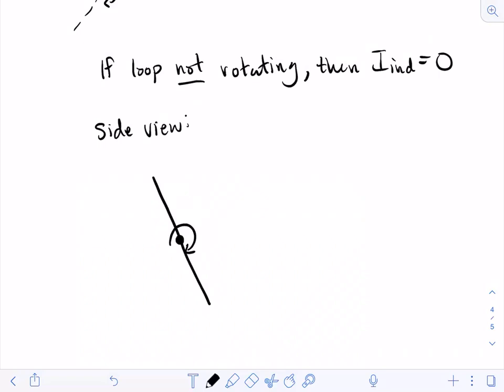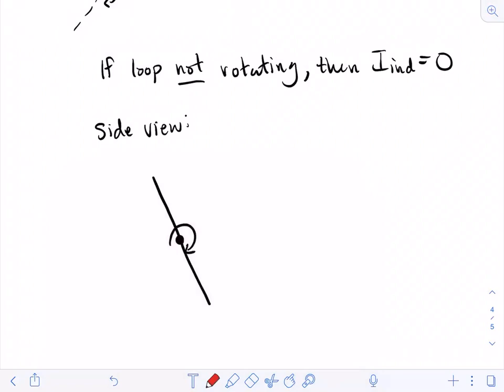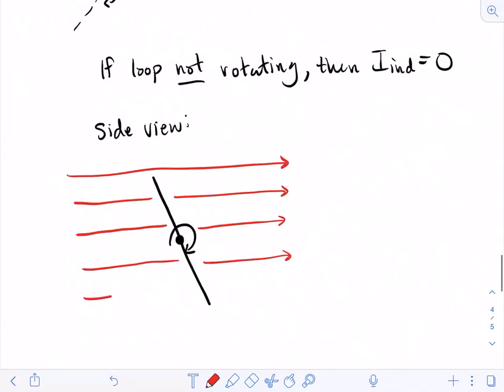Okay, and then we'll draw in our magnetic field lines, and so we've got these magnetic field lines, and I'll try to draw them so that it looks kind of uniform. So here's B.